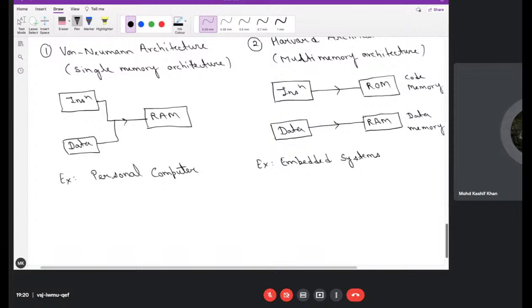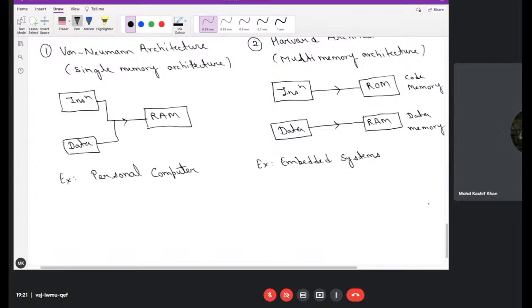Whatever we are going to study in computer organization will be based on the von Neumann architecture, where the complete program, both instructions and data, will be in the main memory.